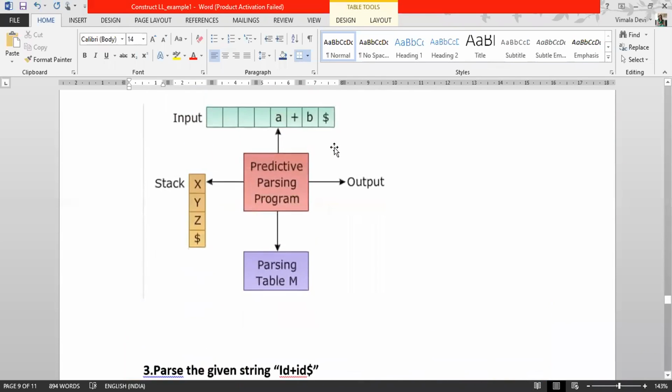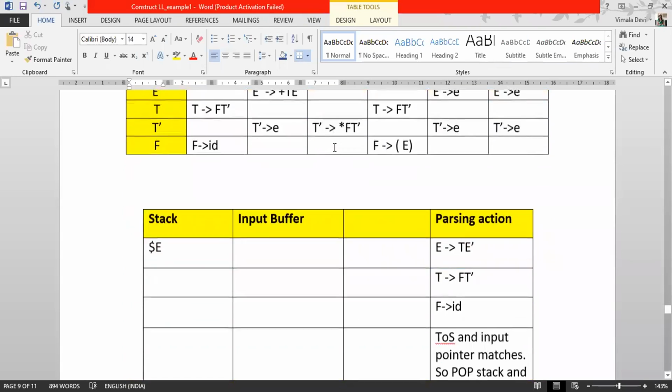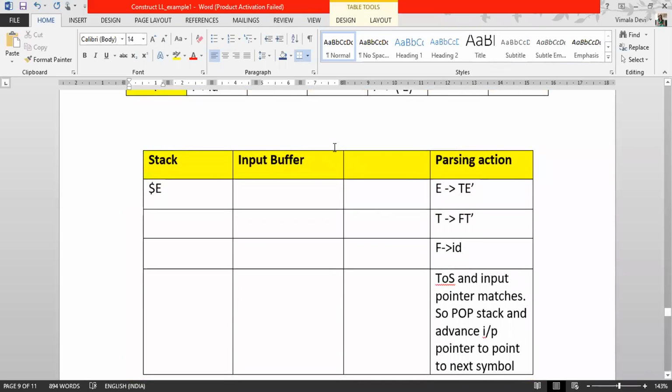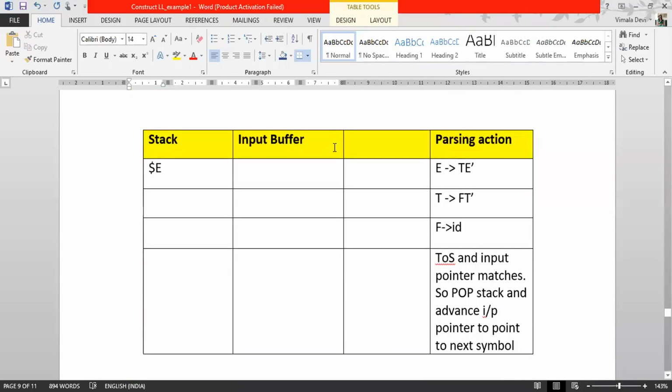Okay, now let's move on to the parsing table. All of you, please draw this parsing table in your notebook. I will give you the time. In fact, these three columns are enough, but the fourth column, just for the sake of understanding, I have included. The first column gives you the contents of the stack.